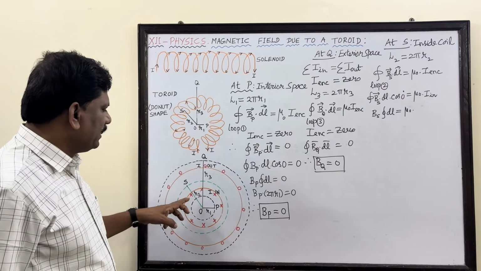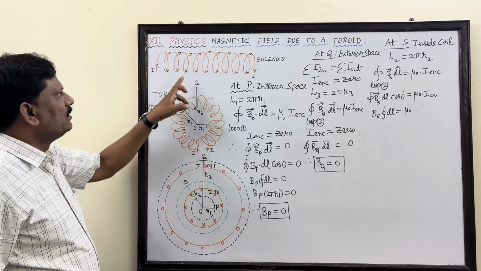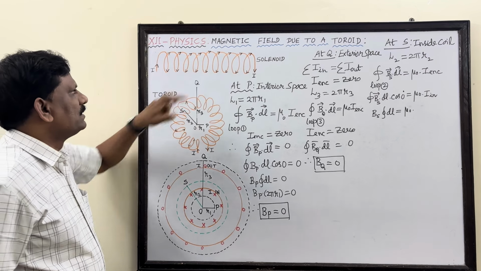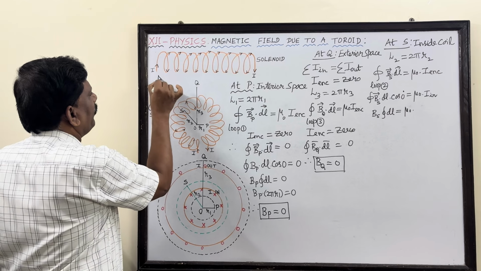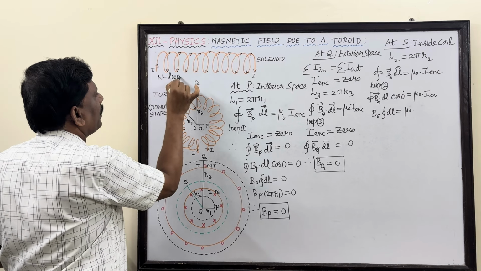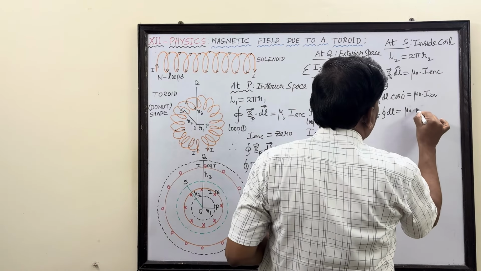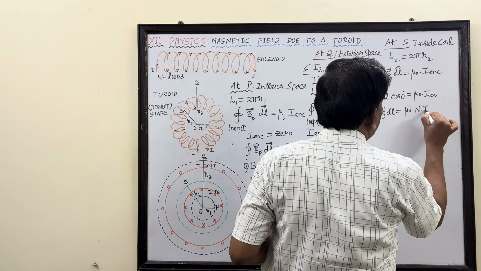Now, how much current is flowing? Can you see here in every loop current is flowing inward here? Suppose there are a total of N number of loops, then the net inward current must be N times I.